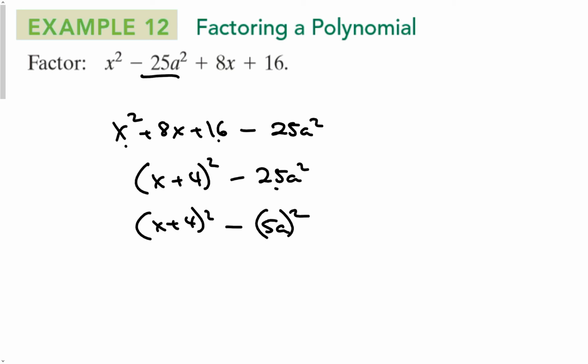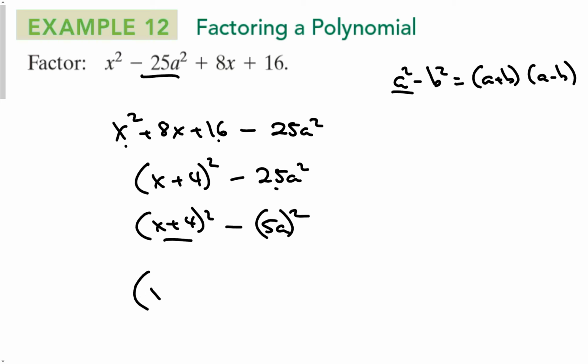This happens to be now the difference of 2 perfect squares. So if we recall the difference of 2 perfect squares, it factors into a plus b times a minus b. And remember that we said that a and b didn't just have to be a number or a variable. It could also be a polynomial. So if this first thing squared is a, that is what x plus 4 is.